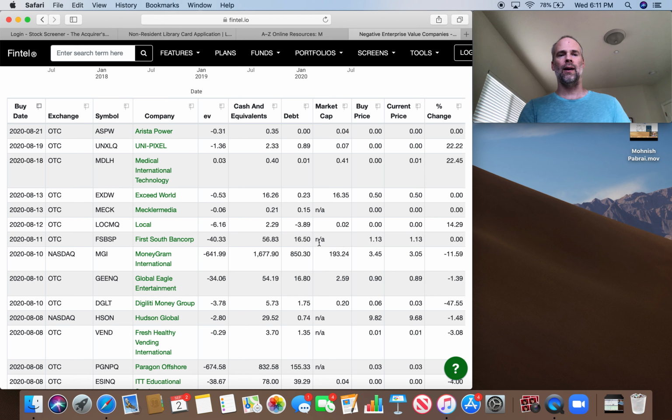I'm curious if any of you have experience with fintel.io, or if there's any other services you use to screen stocks with data that you trust. I trust Morningstar because I've actually reached out to them on numerous occasions. How did you guys calculate total debt?